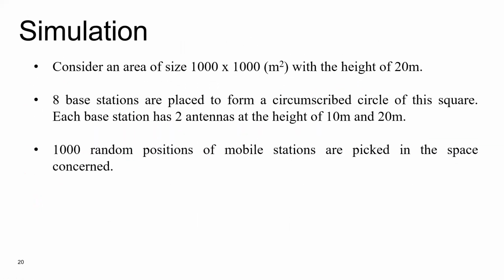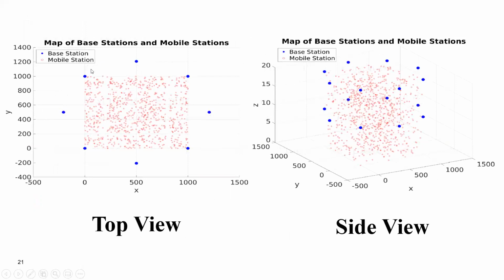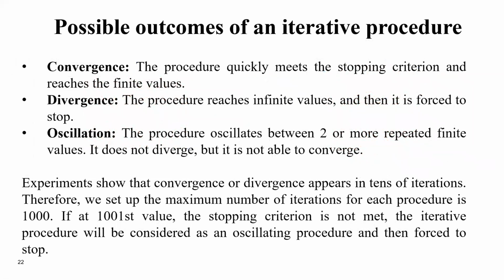In the simulation, we consider a square of 1000 meters by 1000 meters with a height of 20 meters, and we have 8 base stations around the area. They form a circle, and at each base station we have 2 antenna arrays at heights of 10 and 20 meters.